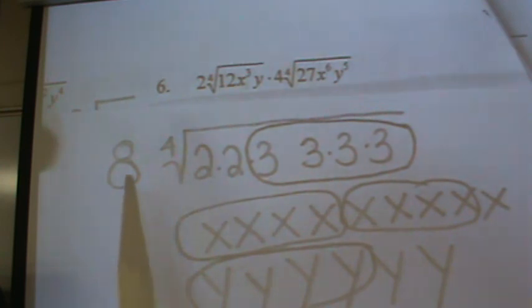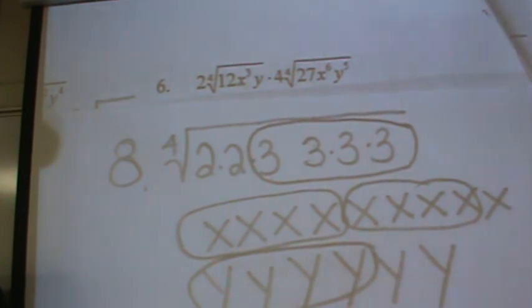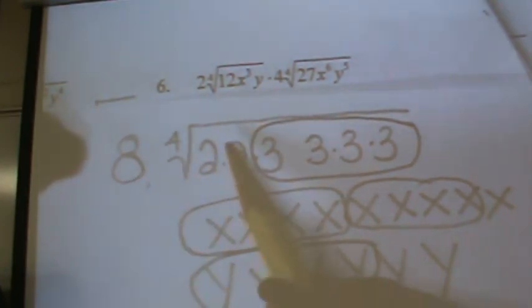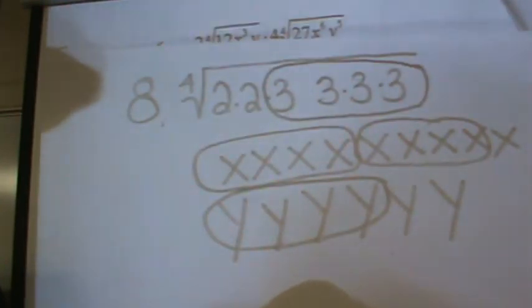And what do I do with this 8? Add it in? What do you mean by add it in? We're multiplying. So what's the number in front here? 24. Good, 24. So that's taken care of.